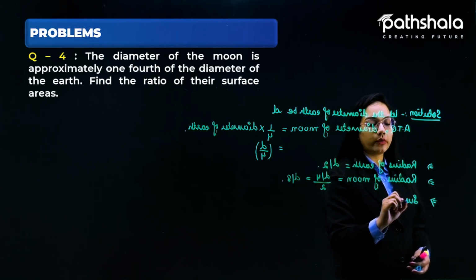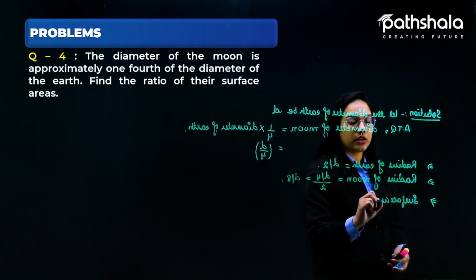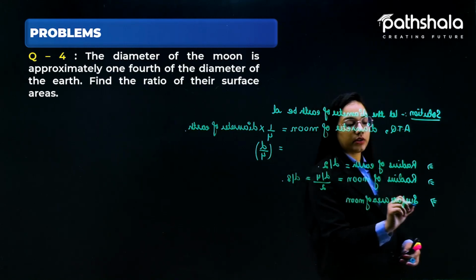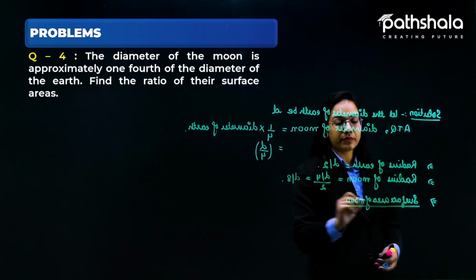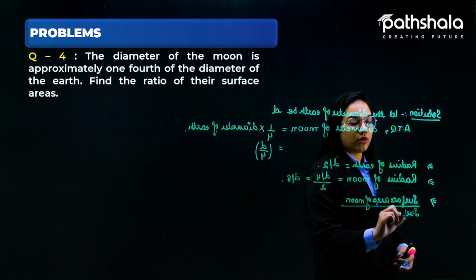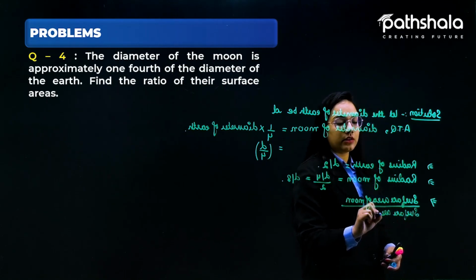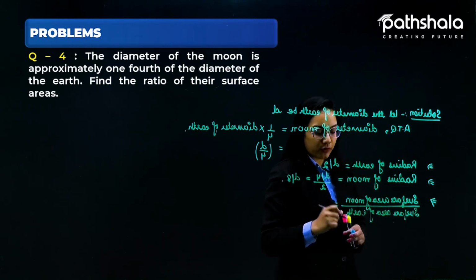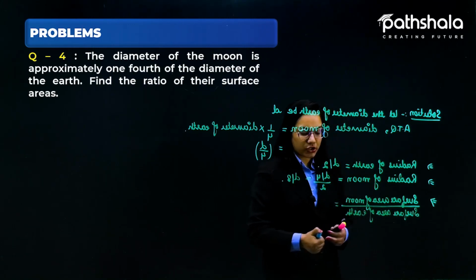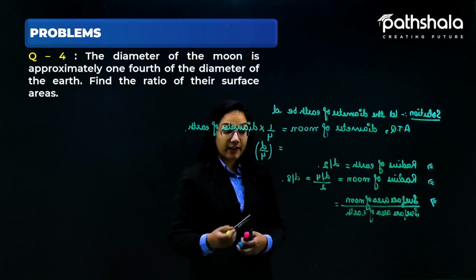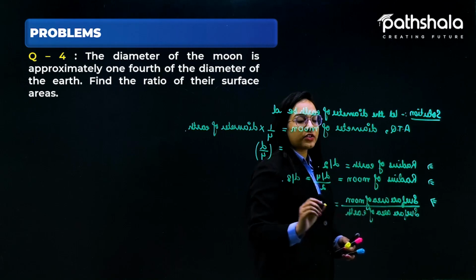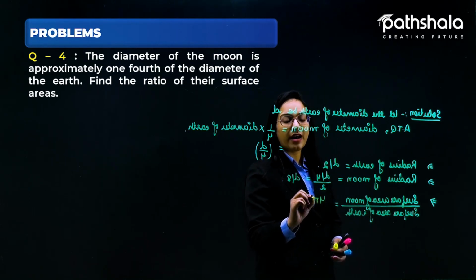Means we are talking about the surface area of moon divided by the surface area of earth. Since both of these are three-dimensional figures representing a sphere, we know that the surface area is 4 pi r square.